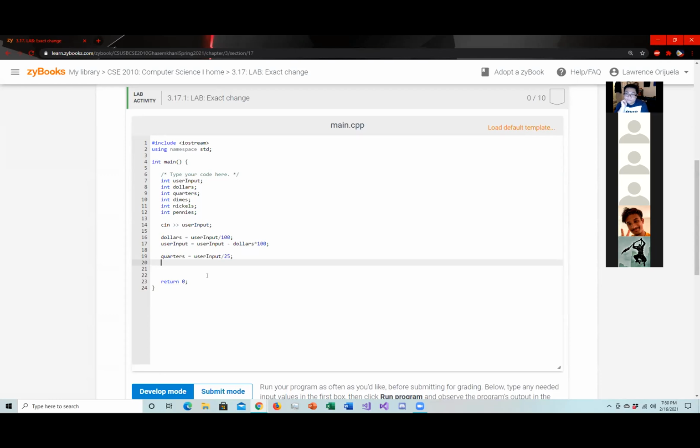Just because it did say if the change is 0, I'll put no exact change. Well, we're not going to do any if statements yet. We're going to only do if statements when we're outputting values. Right now, we just need to know how many of each coin we have, and then we can start thinking about the output.